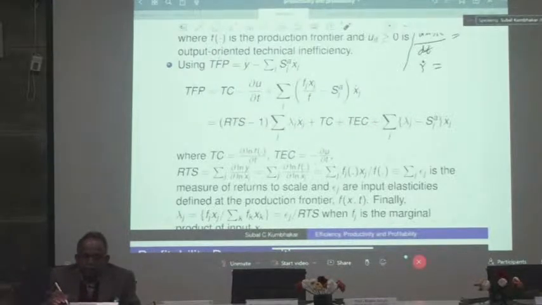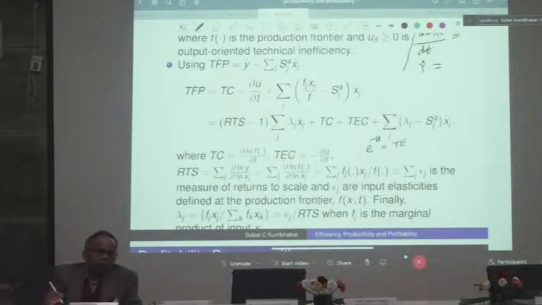It is minus du dt. So basically what is efficiency? E to the power minus u. So if you take a log of that and differentiate it, so technical efficiency change is going to be a log derivative of that. So that's going to be minus du dt.